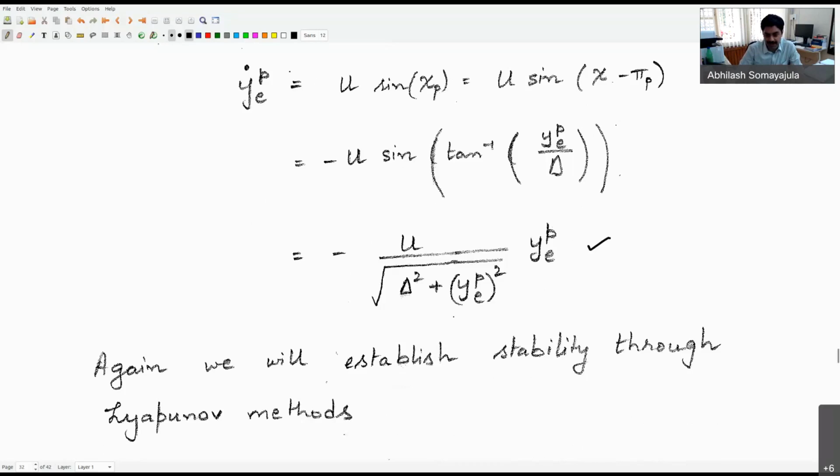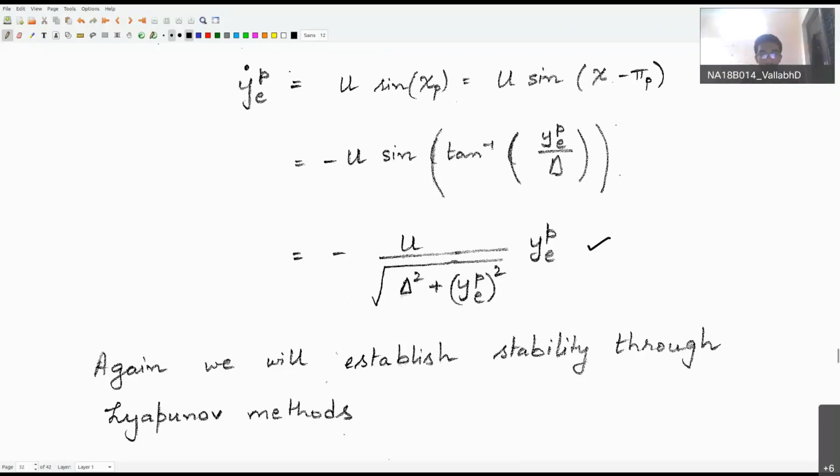So notice what is happening in this, as Y_pe is becoming larger and larger, what is happening to Y_pe dot? What is Y_pe dot becoming? Almost a saturated level.